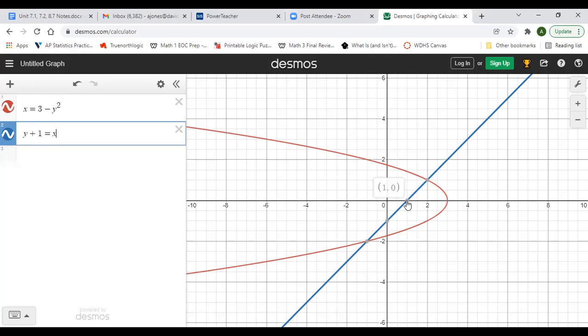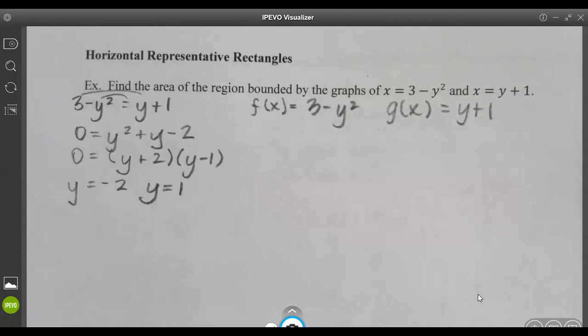So 3 minus y squared, and I'm going to go back to this page. And g of x is the line, or y plus 1. So your f of x is the one on the right, and your g of x is the one on the left.